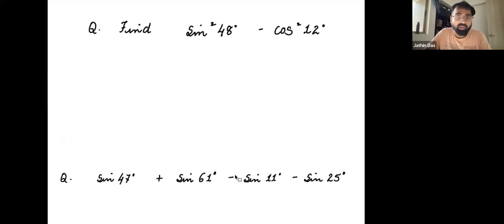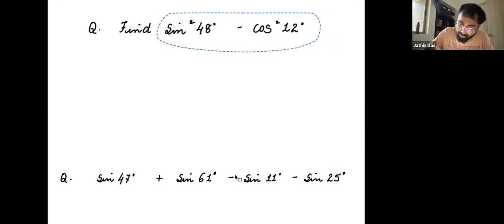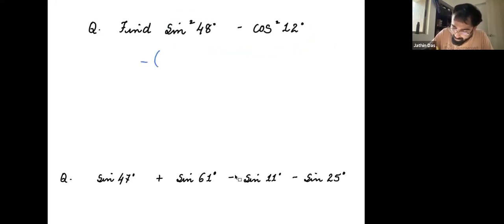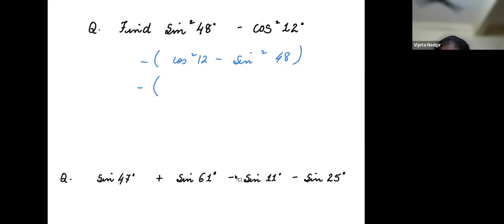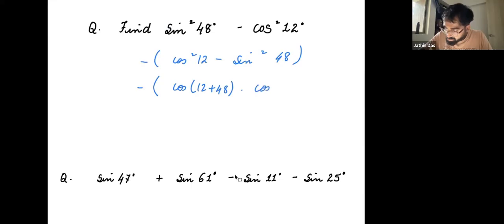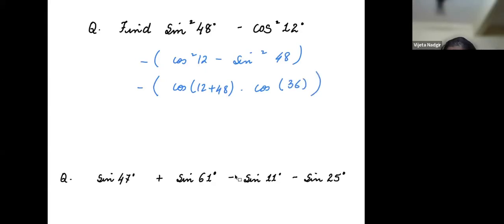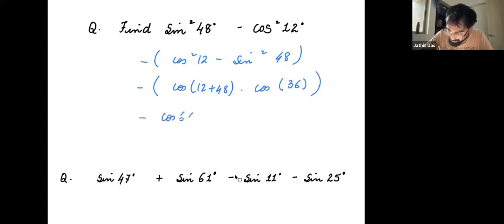So, did you get the first one? No. Which identity format is it in? If I take negative common, it is cos square 12 minus sin square 48, but the angle is not the same. Cos difference: if I take 12 minus 48 or 48 minus 12, it doesn't matter, no?